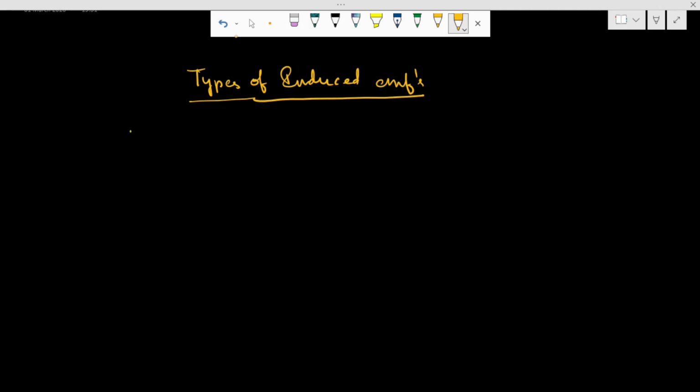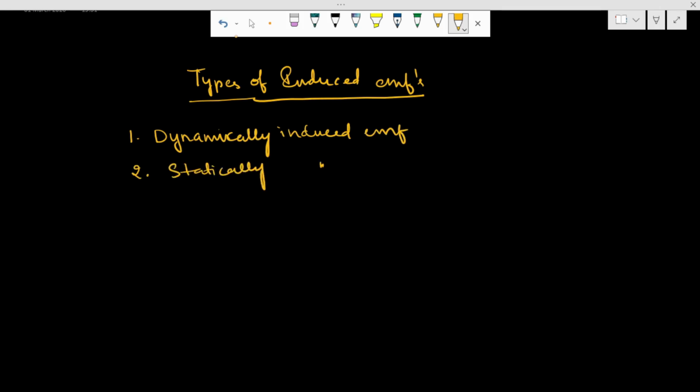First one is dynamically induced EMF. Second one is statically induced EMF. Third one is rotational induced EMF. These three EMFs we come across in the energy conversion devices.